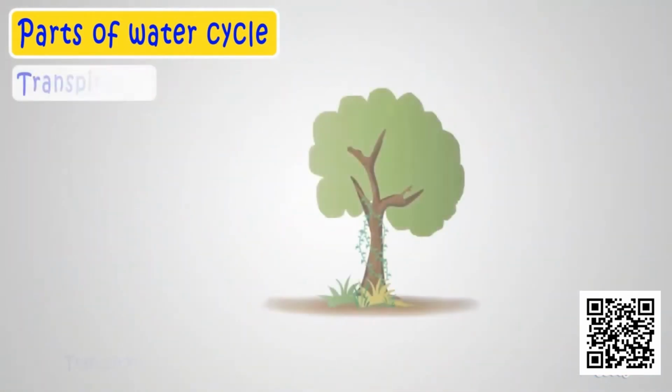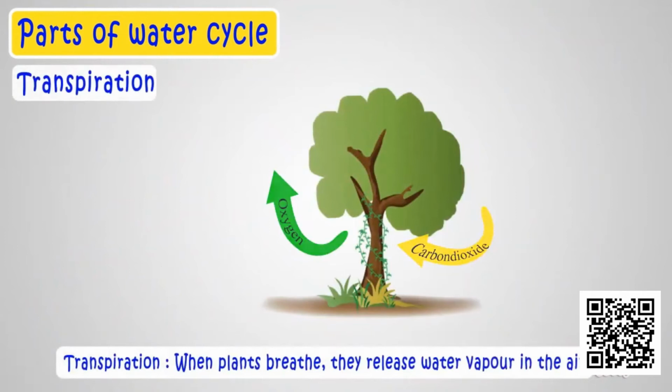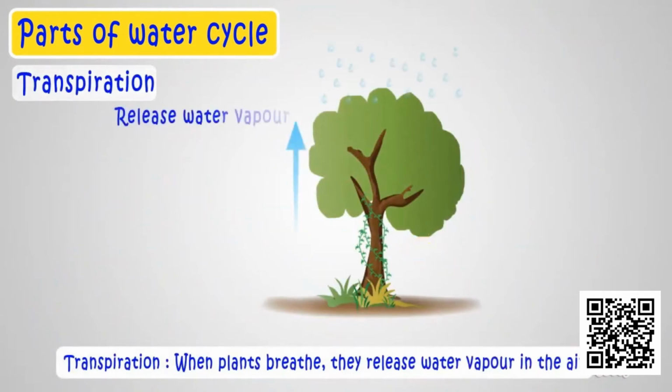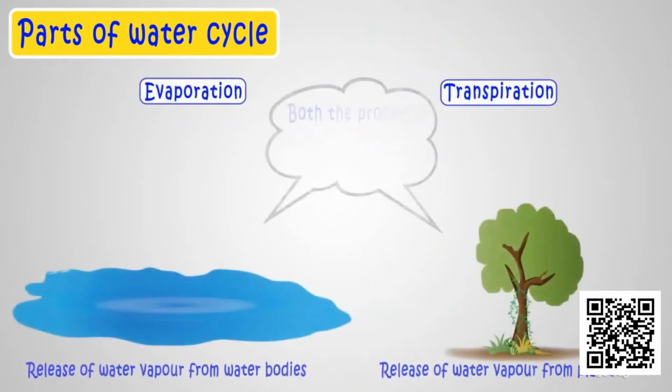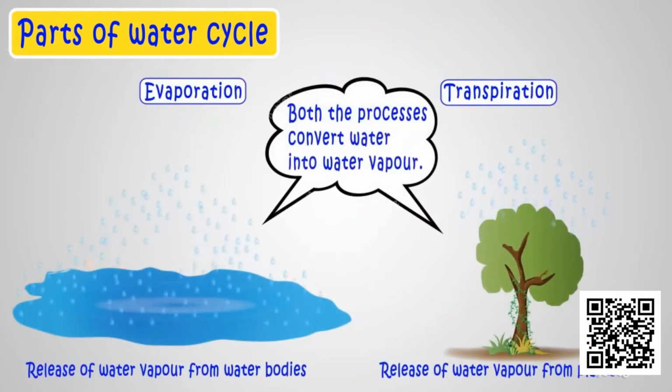When plants respire or breathe, they release water vapor in the air. This is called transpiration. Both the processes convert water into water vapors.